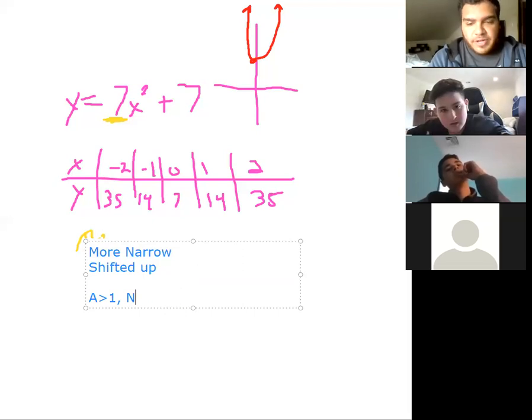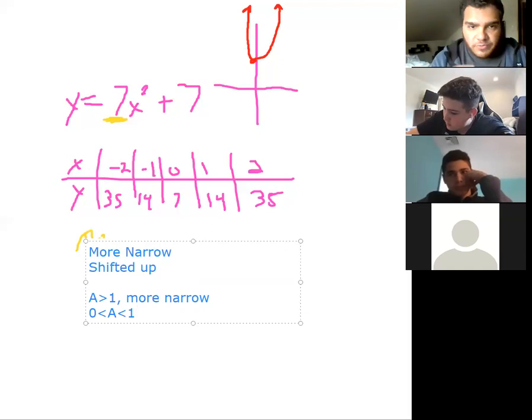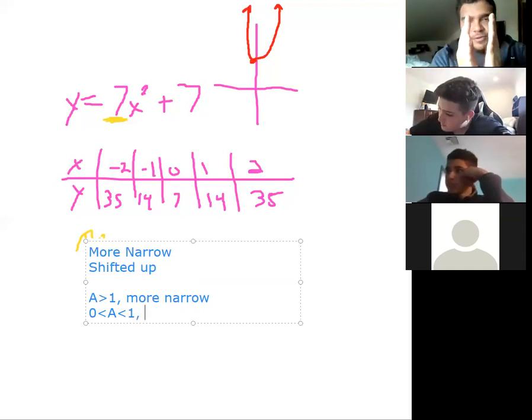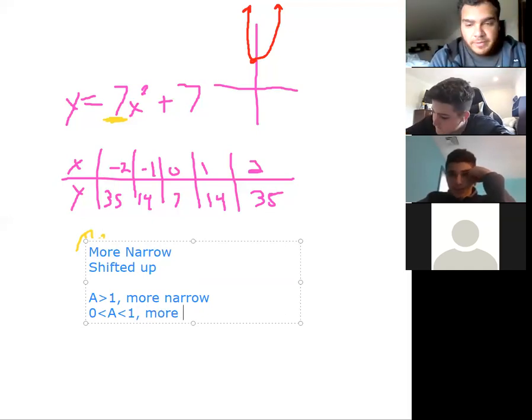Again, that's not a word, more narrow. When A is between 0 and 1, like a decimal or fraction, what's the opposite of being more narrow? Wider. So it's going to be more wide.